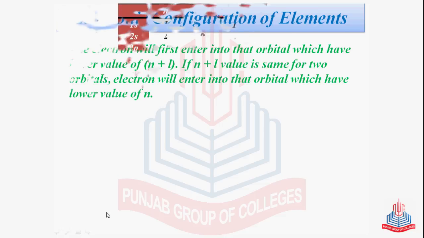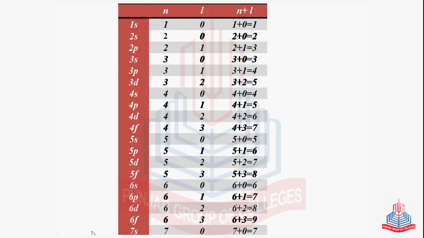Let's see in this table, that is the calculation for n plus L. Here, n is the principal quantum number and L is the azimuthal quantum number, and in the last column we have calculated n plus L values. Now if the value of n is 1, the value of azimuthal quantum number will be 0, 1 plus 0 will be equal to 1.